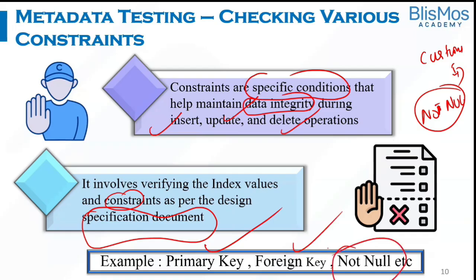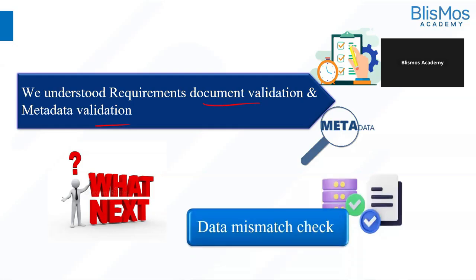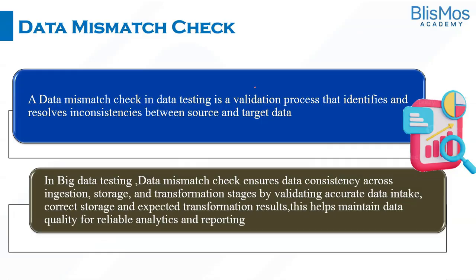Anyway, we discussed requirements document validation and metadata validation. So what next? That is going to be data mismatch check. When we talk about big data testing, as you know, data mismatch check is the validation that identifies and resolves any inconsistencies between the source and target.